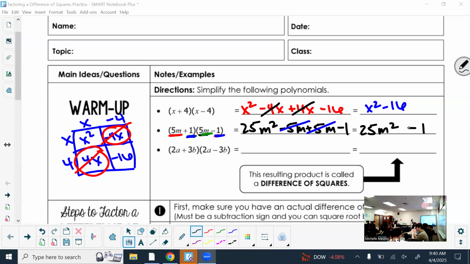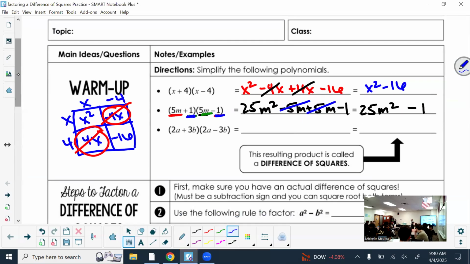All right, and lastly, table 8, what would be either this first line or the final answer for the last one? Table 8.